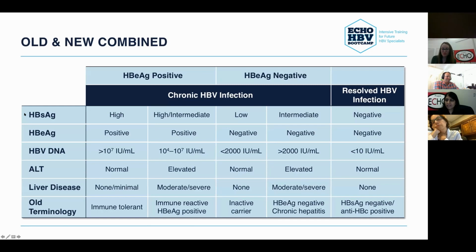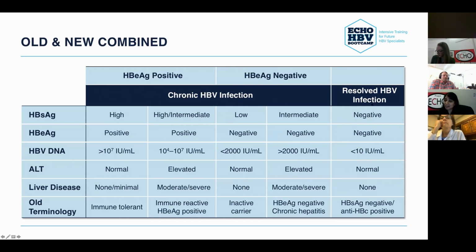So if we take some of that old terminology and this new terminology, I think looking at it this way is sometimes helpful in terms of assigning levels of threshold, particularly when you're talking about the DNA level. So anytime your surface antigen is positive for at least 6 months, you're defined as having chronic Hep B infection.